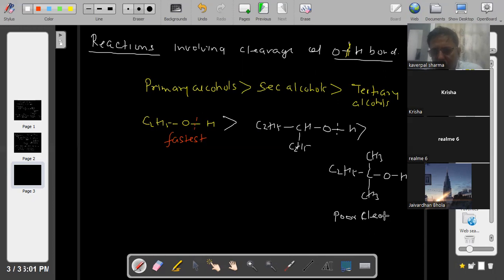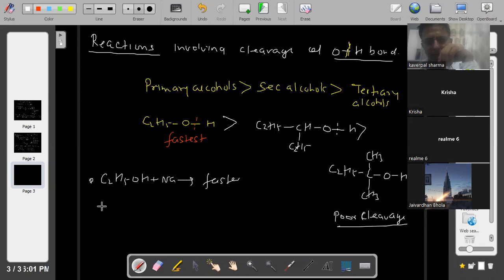You remember, from the exam point of view, if it is a primary alcohol, that is a very fast reaction, it will give OH. For example, if you react C2H5OH with Na, that is faster.